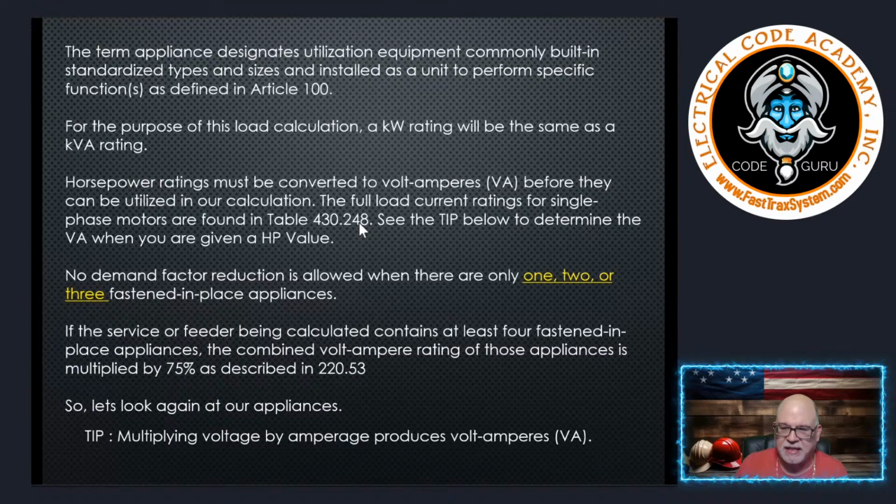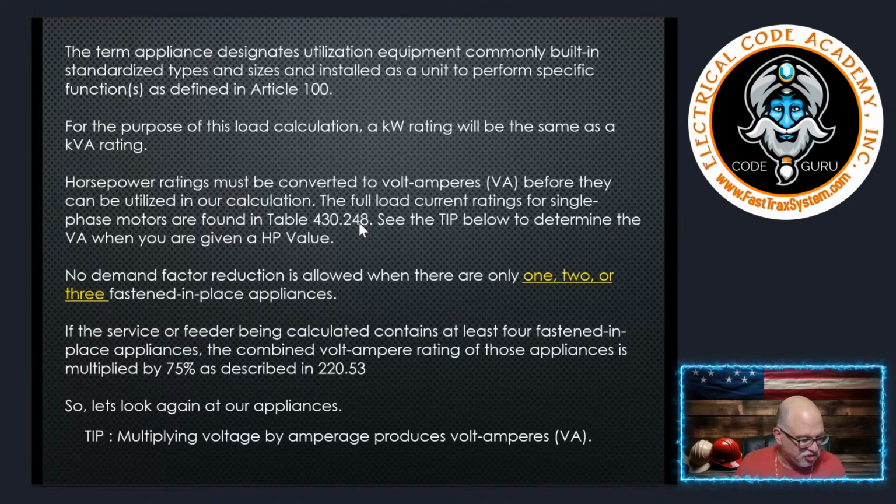It's fixed in place, okay? Trash compactors are simply put in. Most of the time, those are hardwired, but even if it was cord and plug, typically so they don't move, you fasten them in place, okay? All those fastened in place type appliances. These attic fans, they're fastened in place type of appliances, utilization equipment. Okay? So kind of remember all those types of things when we're looking at the different types of appliances.